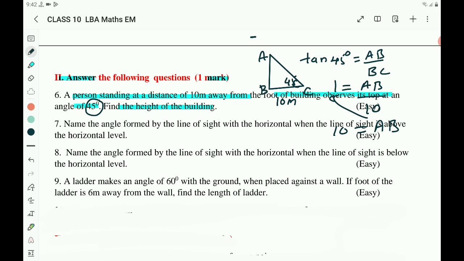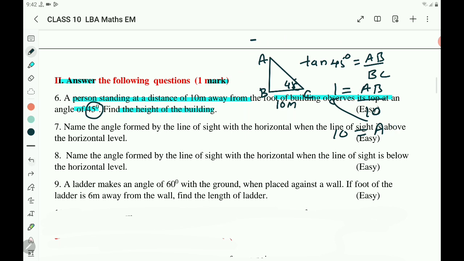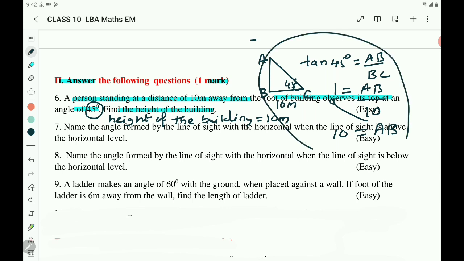You can do all these steps, or otherwise you can write the direct answer. Therefore you write height of the building equals 10 meter. You can write the step also.